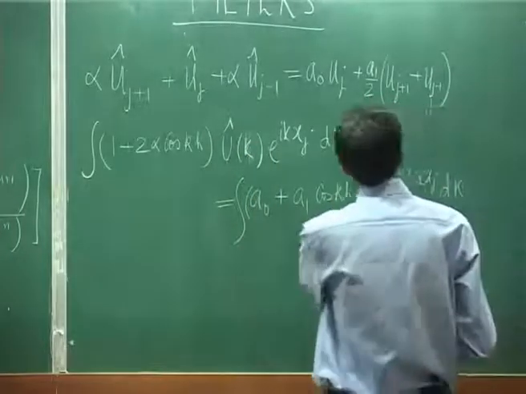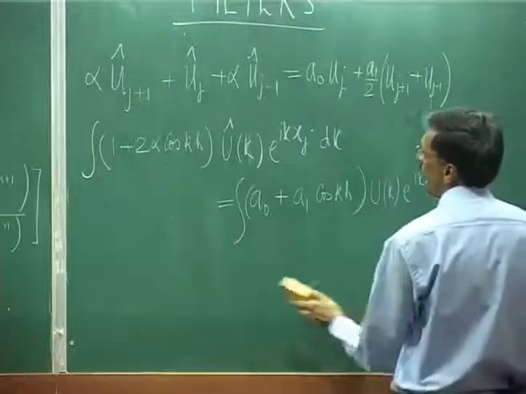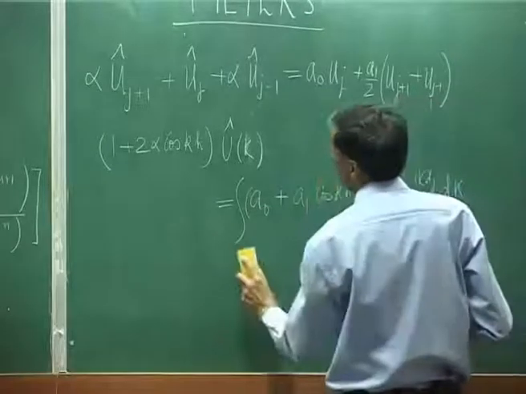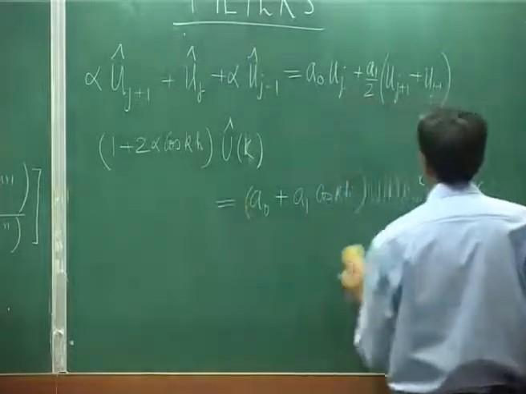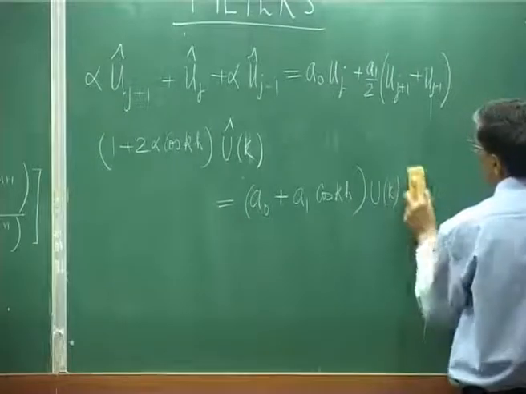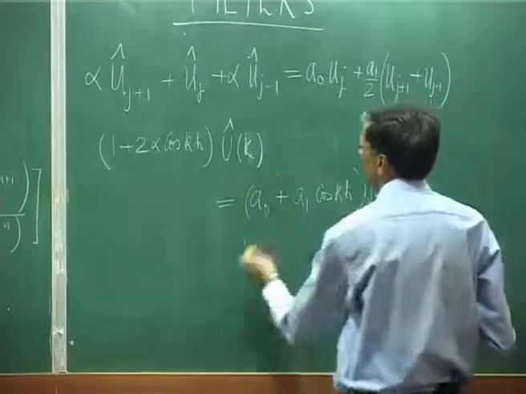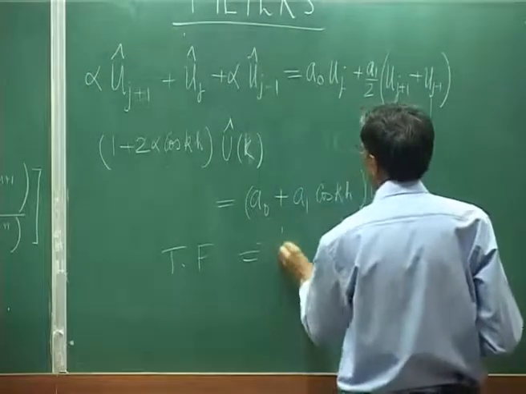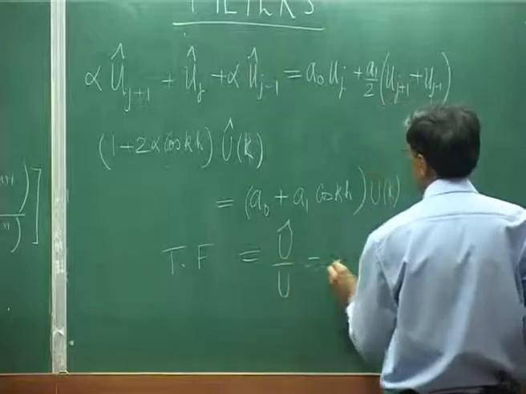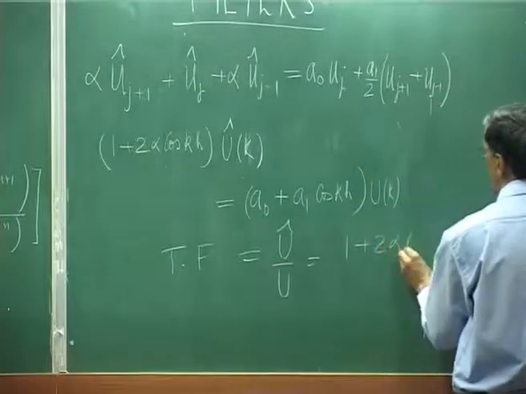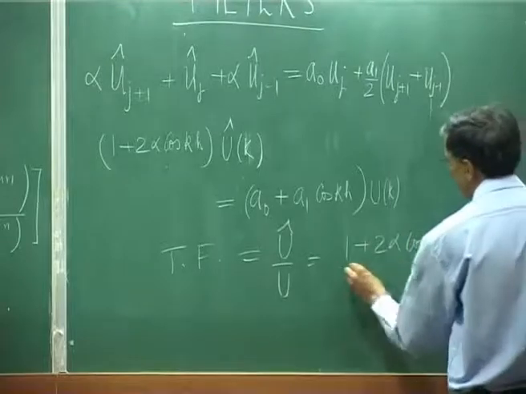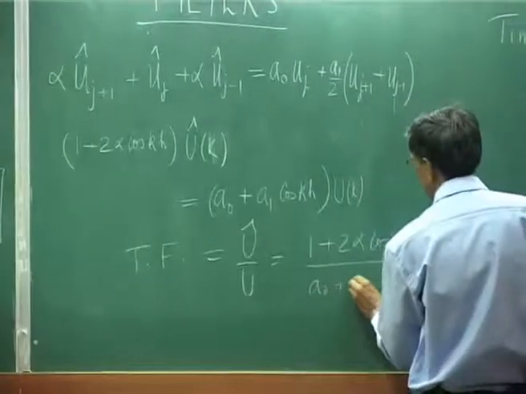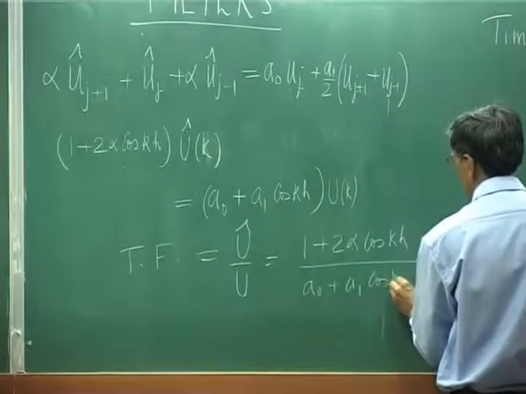So you can see if it works for all k, we can get rid of the common part and equate the integrand. And you can very clearly see the transfer function for this second order filter would be equal to u hat by u, and that is equal to 1 plus 2 alpha cos kh divided by a0 plus a1 cos kh.